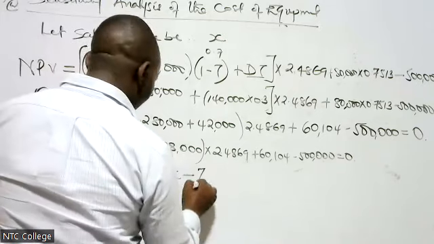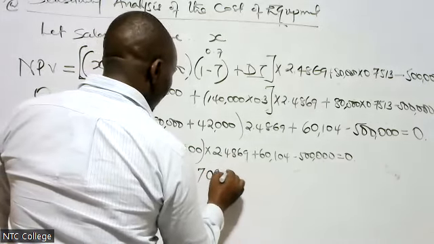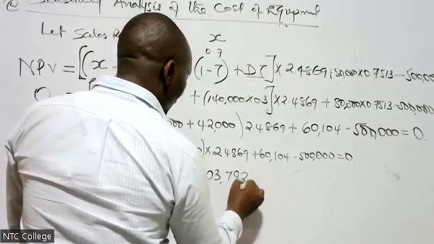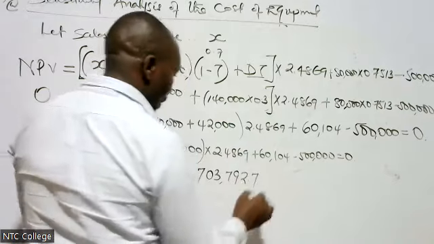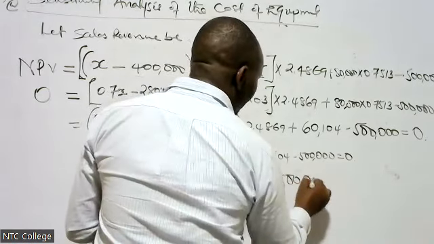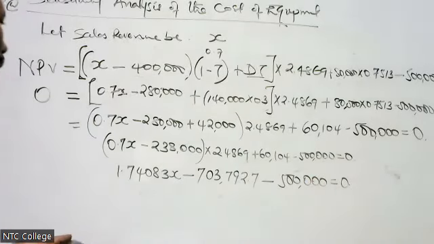We are having 79 2.7. Then now minus 500 is equal to 0. Right?